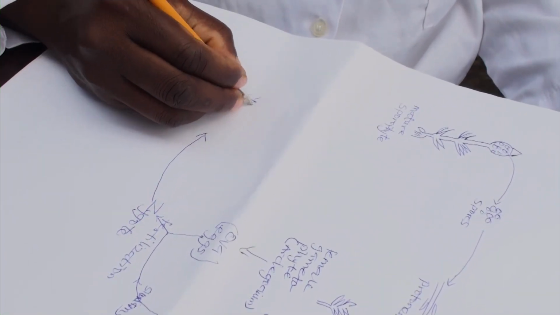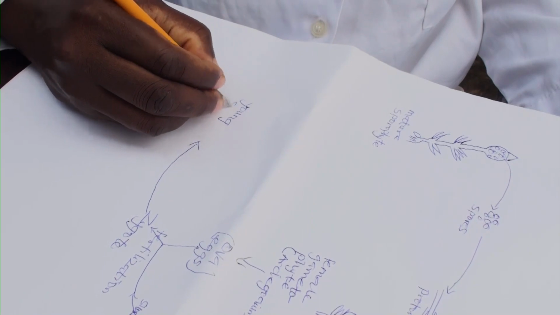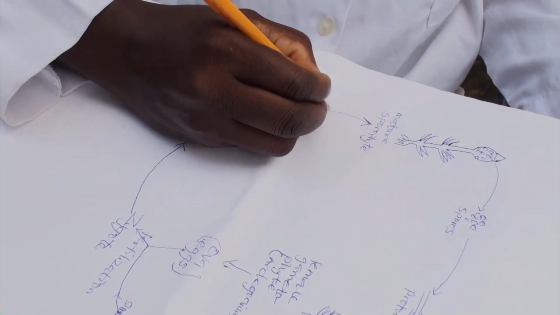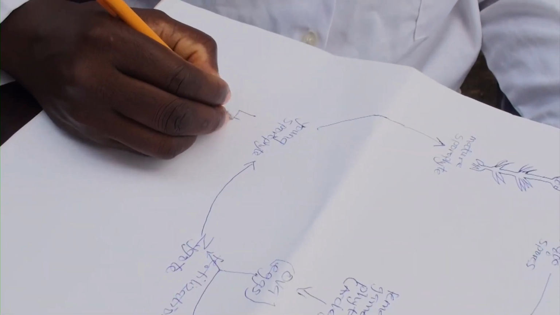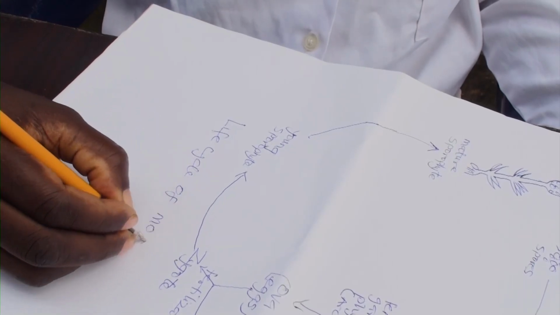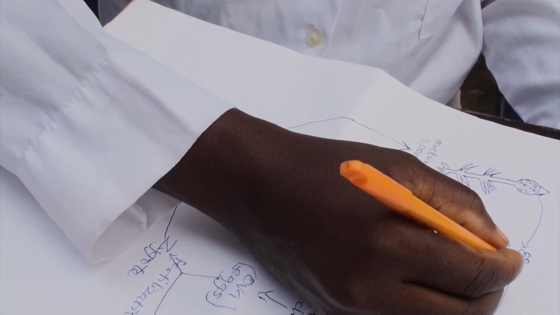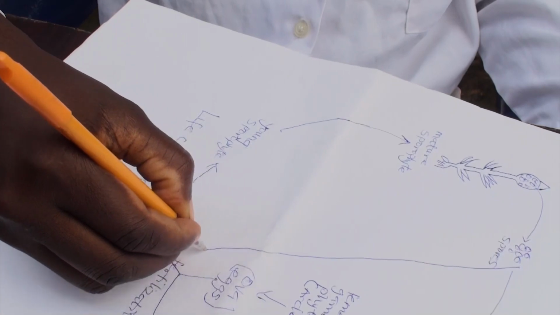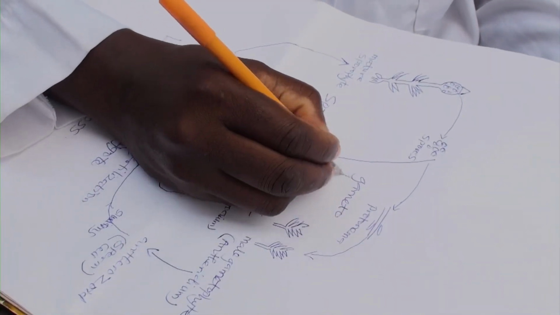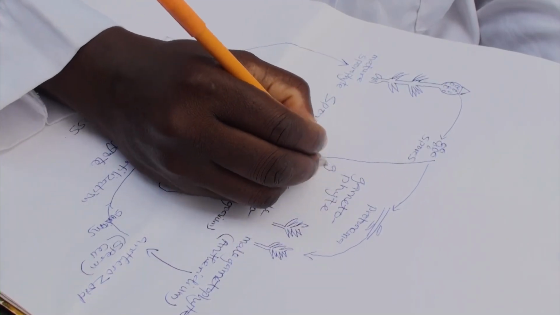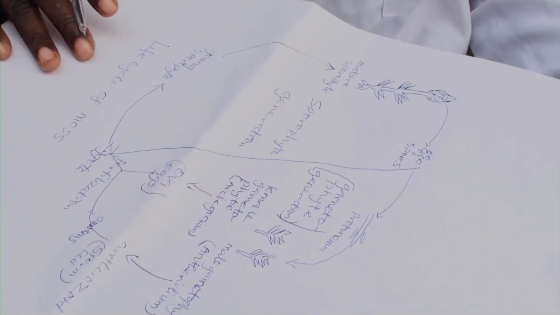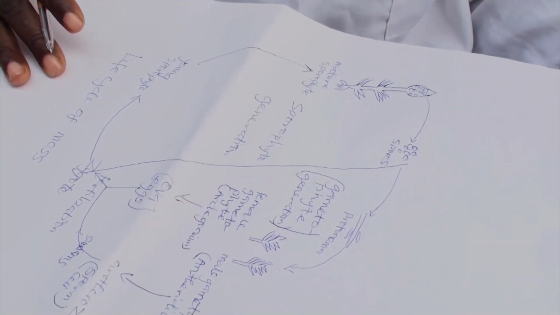This zygote develops and becomes a young sporophyte. The young sporophyte becomes a mature sporophyte that is capable of producing spores for the next generation. From here to here, we have the sporophyte generation, and here we have the gametophyte generation. This is the life cycle of a moss, an example of a bryophyte.